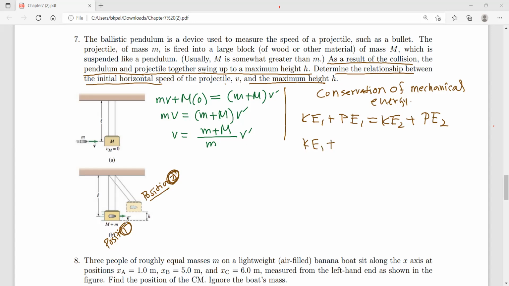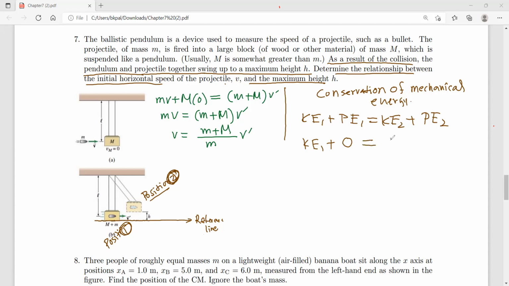Because there is a velocity, there is kinetic energy. But because this is our reference line, and think that this is our y equal to 0 line, from this line we measure our height. So if this is our reference line, the potential energy will be 0 because h equals 0 at this point.